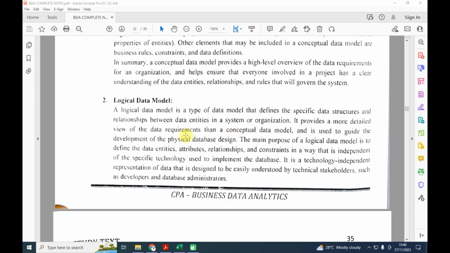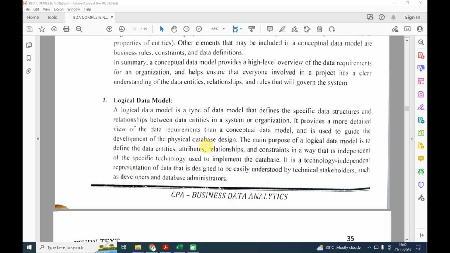It provides a more detailed view of the data requirements than a conceptual data model, and it is used to guide the development of the physical database.